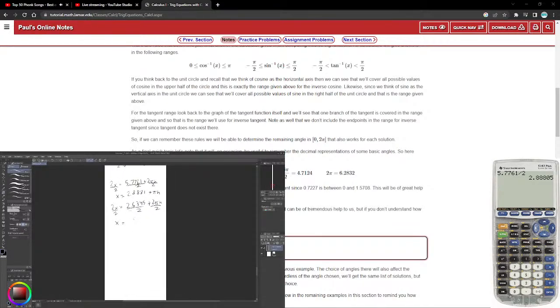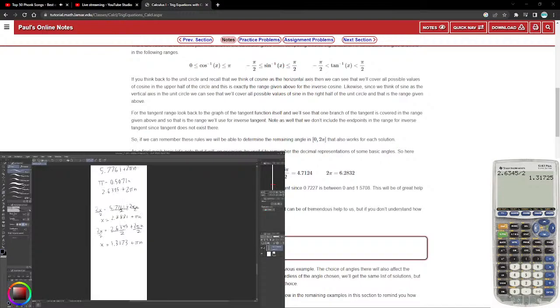Got x equals 2.6345 divided by 2, not 3. We got 1.3173 plus pi n.